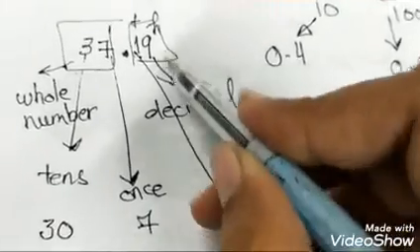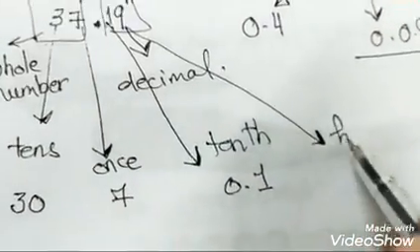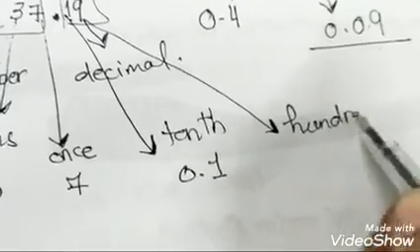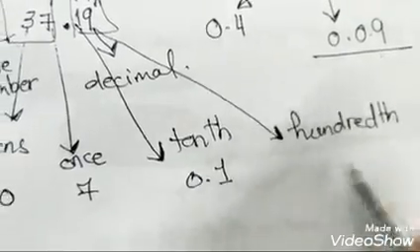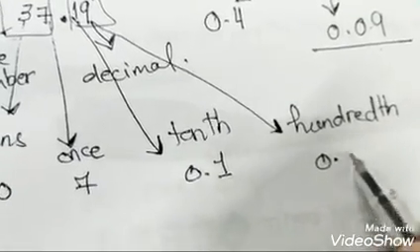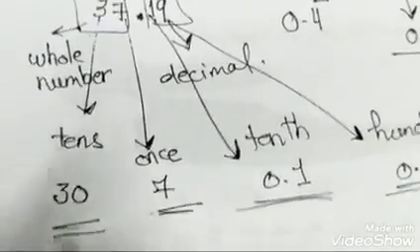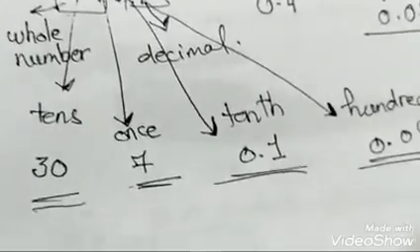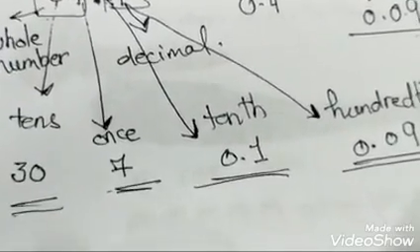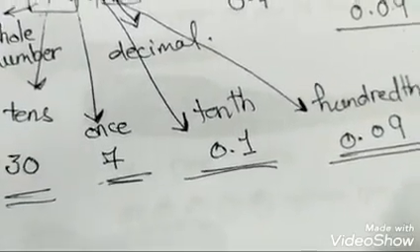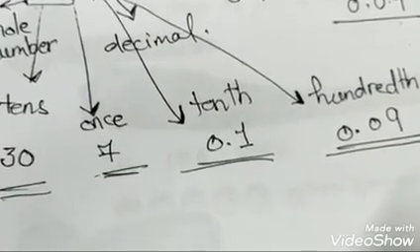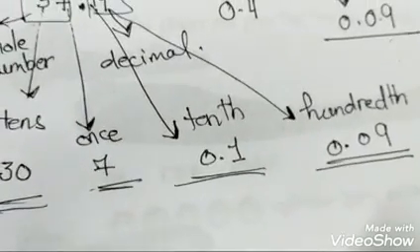The 9 here is in the hundredth place, and the value of it is 0.09. This is how we find the place value and the value of the decimals or the whole numbers.